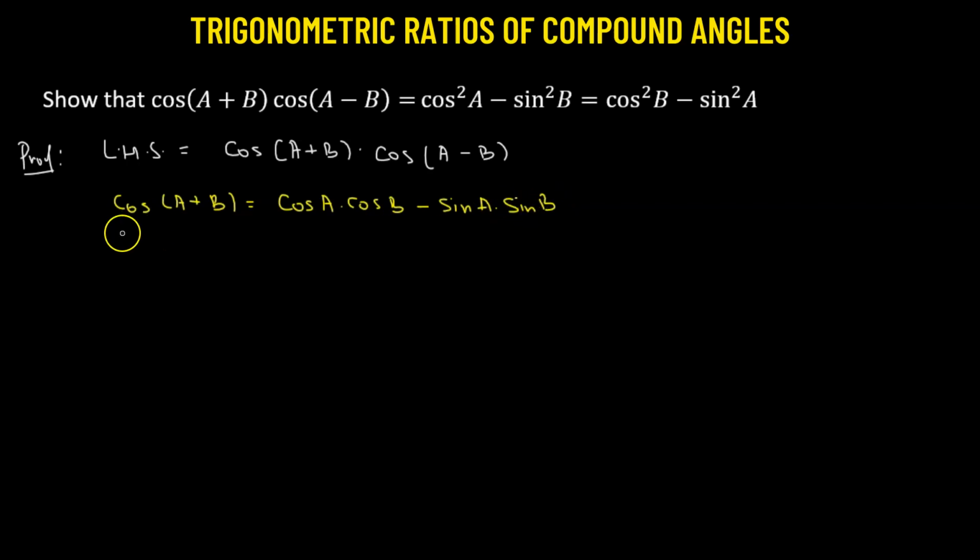And we also have cosine of a minus b defined as cosine of a times cosine of b, then this negative sign will become positive, everything else remains the same, so we have sine of a multiplied by sine of b.